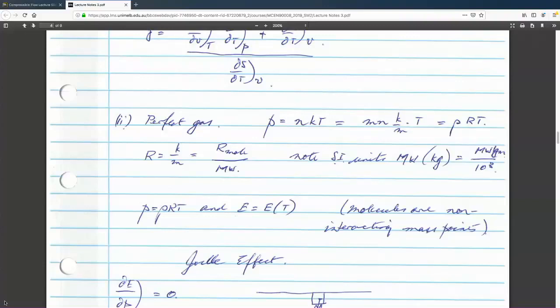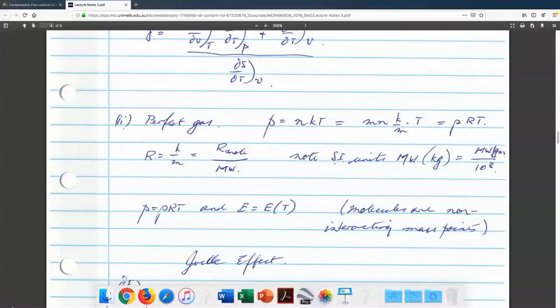And behind that idea is the idea that the particles or the molecules we're talking about are non-interacting mass points. They don't interact. In other words, they're mass points. They have no physical dimension. They don't have a diameter. Well, of course, that's not true, and we're going to work it out.